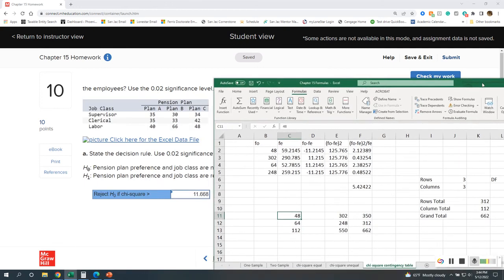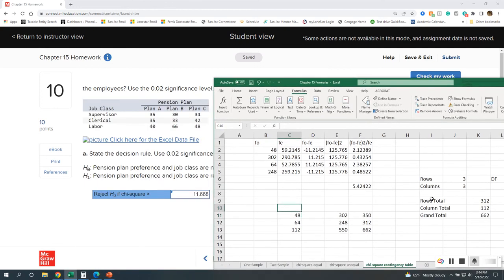Let's go ahead and put in our table. So we have 35, 40, since we have 3 now, go ahead and change that. Then we have 30, 33, 66, and 34, 42, 48. So there's our numbers.